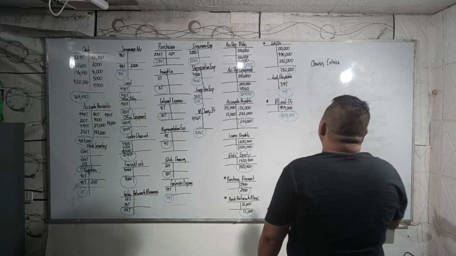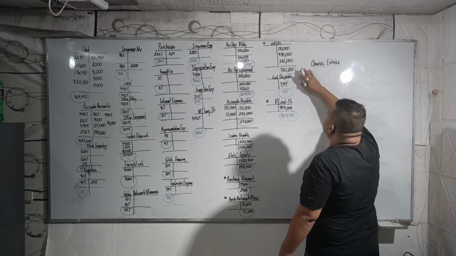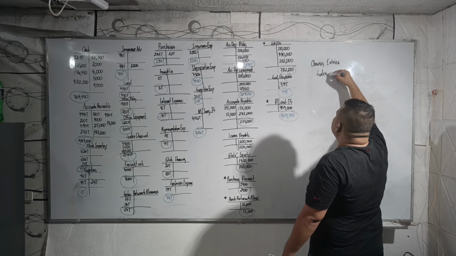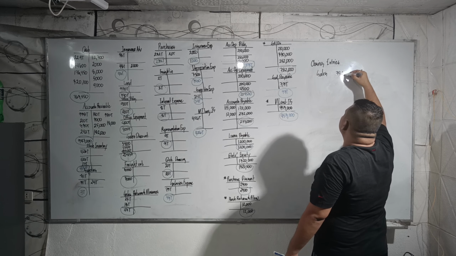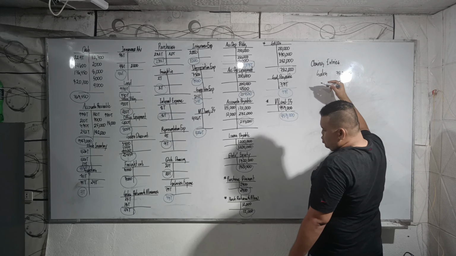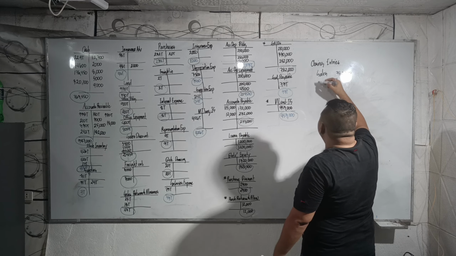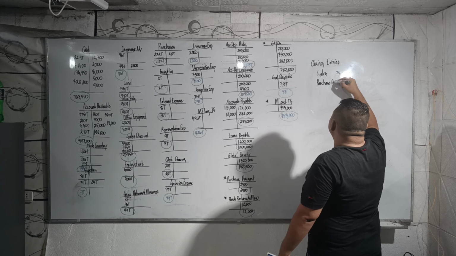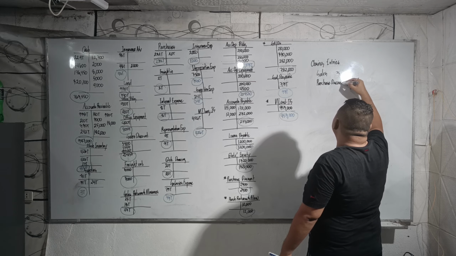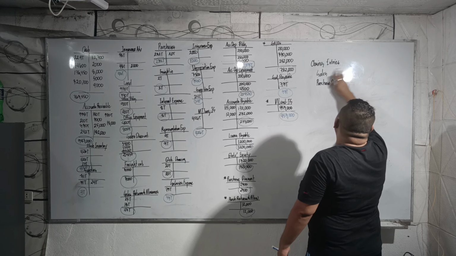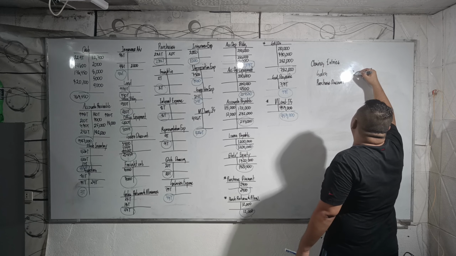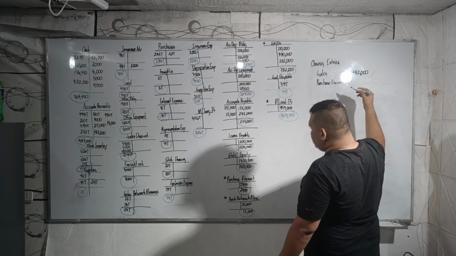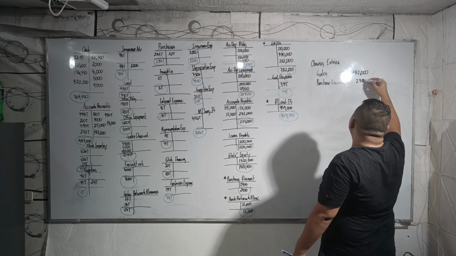Okay? So, since the normal balance is credit, we have to debit sales. How much? 782,000. Also, we have to debit the purchase discount. The purchase discount is 2,300.